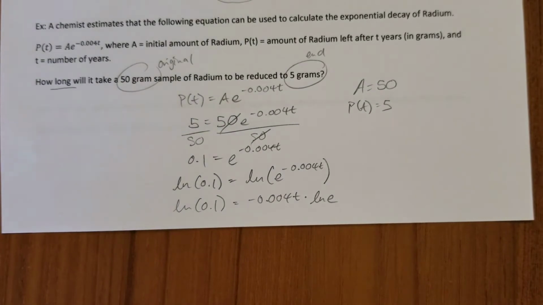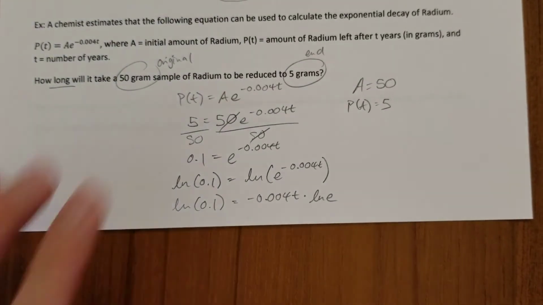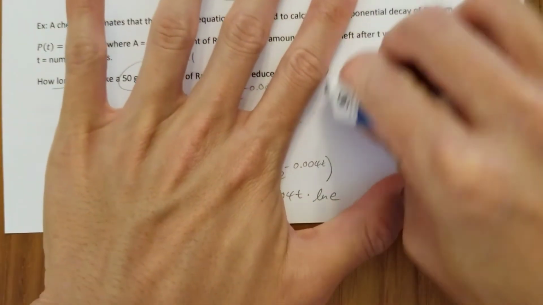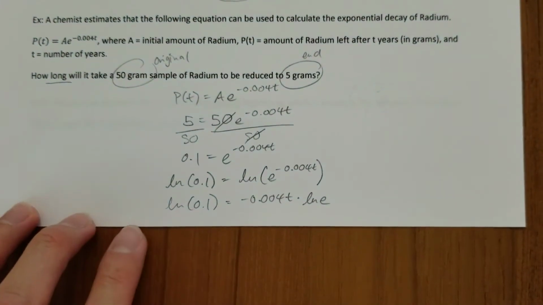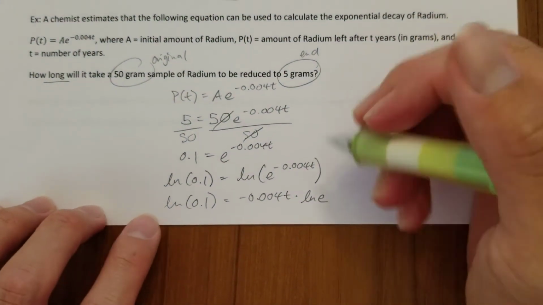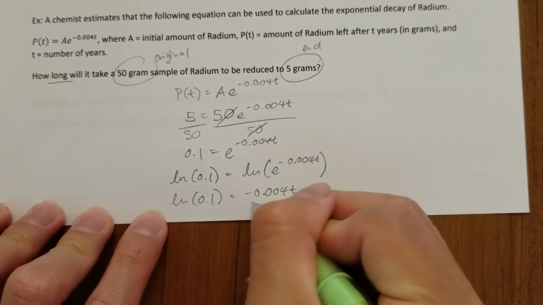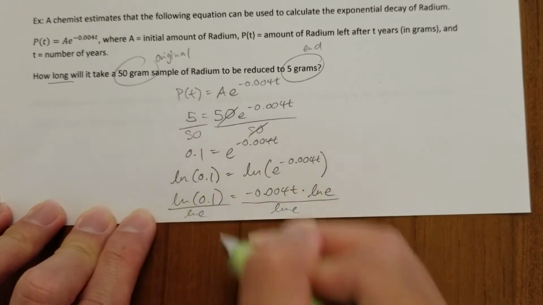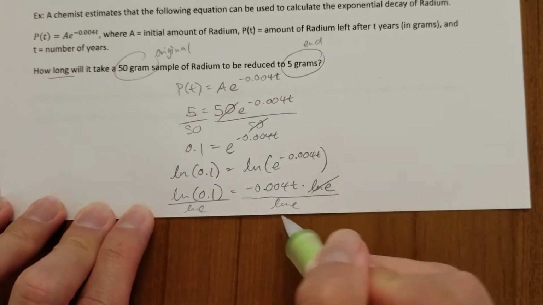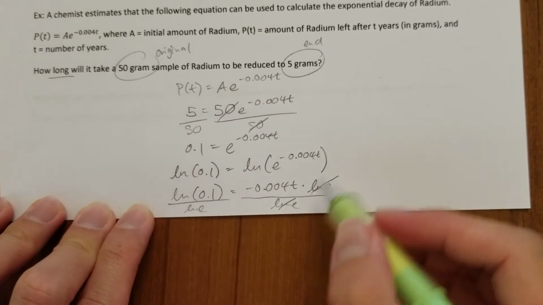Okay, running out of space, I'm going to erase this here. These are variables. We already took care of that. I'm going to erase it just so I have some room. Next, we can divide both sides by ln of e, and then these two will cancel.